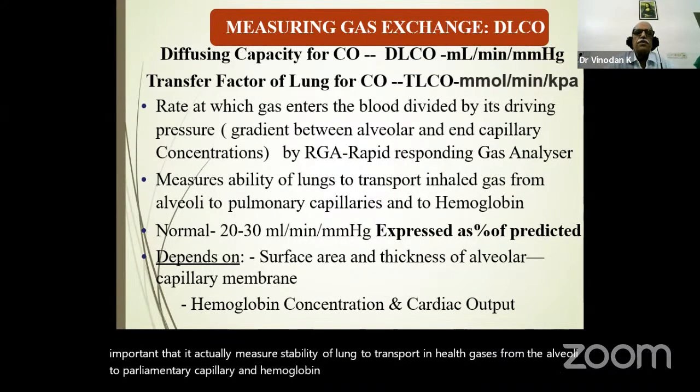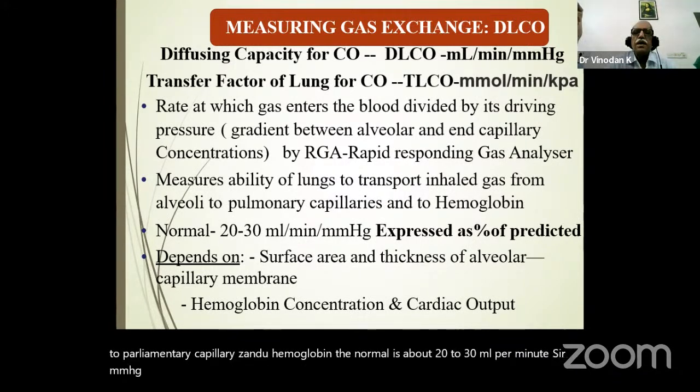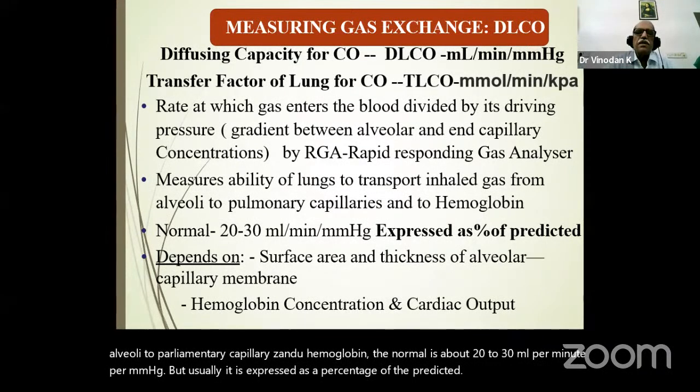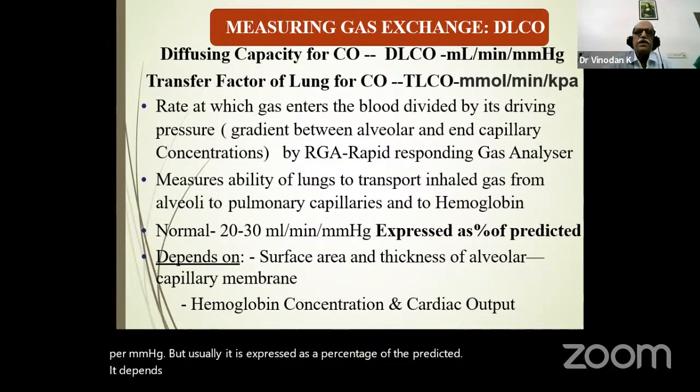The normal is about 20 to 30 ml per minute per millimeters of mercury, but usually it is expressed as a percentage of the predicted. And it depends on surface area and thickness of the alveolar capillary membrane.